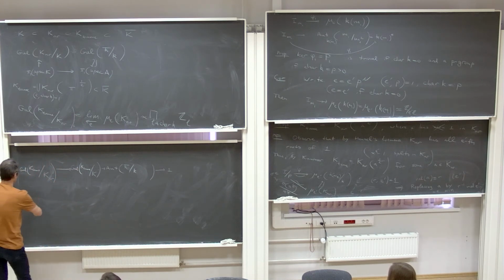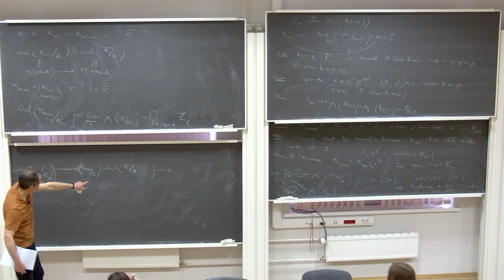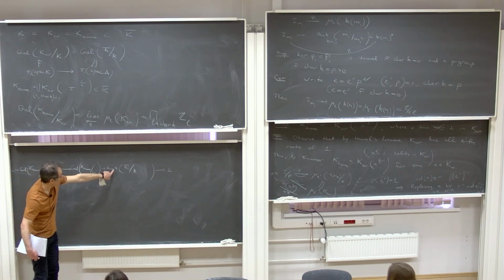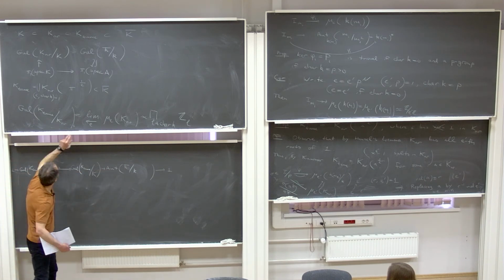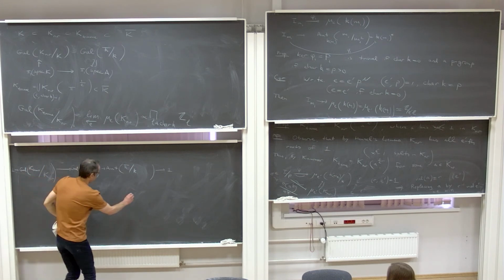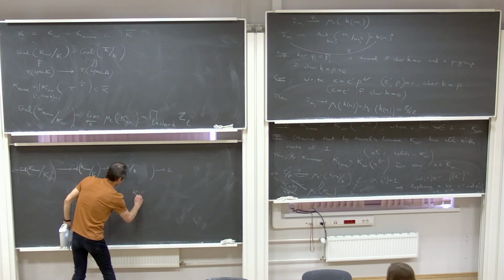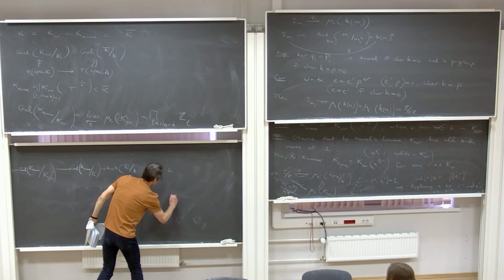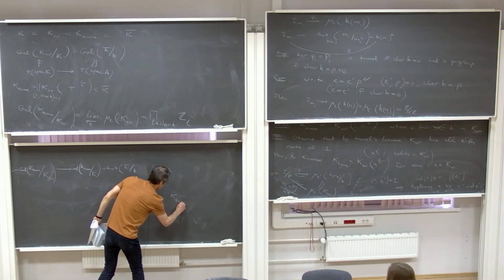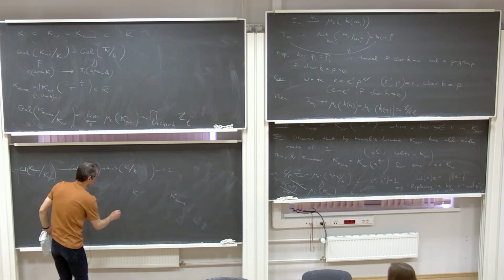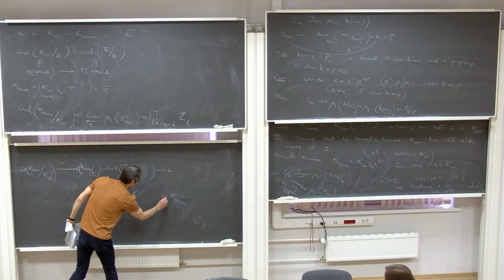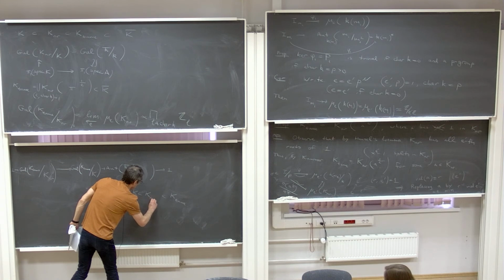So I claim that, first of all, you have K, you have K tame. This extension comes from a sequence of normal extensions. So this is normal.